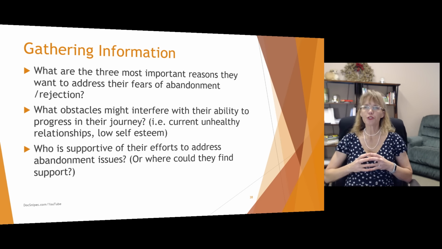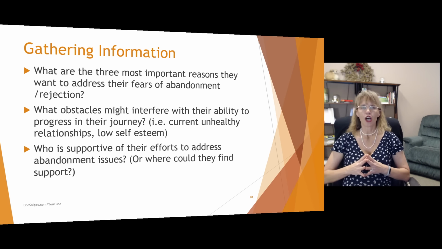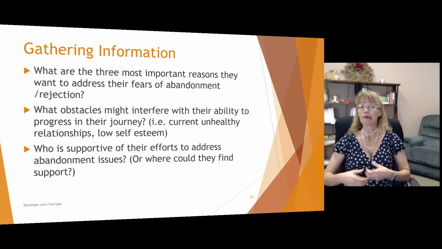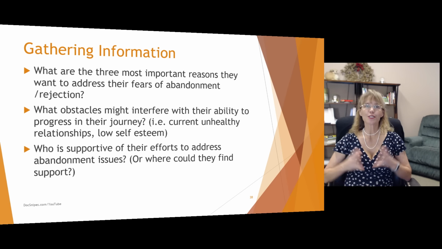What are the three most important reasons the person wants to address their fears of abandonment and rejection? This helps with motivation. What obstacles might interfere with their ability to progress in their journey? For example, if they're in currently unhealthy relationships, that's probably going to be unhelpful because those relationships may underscore or fulfill their beliefs about abandonment and lack of trustworthiness.